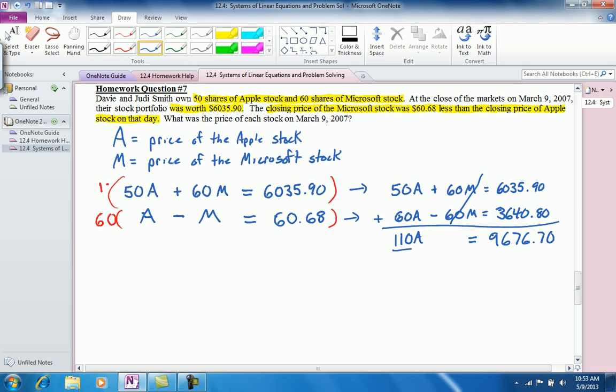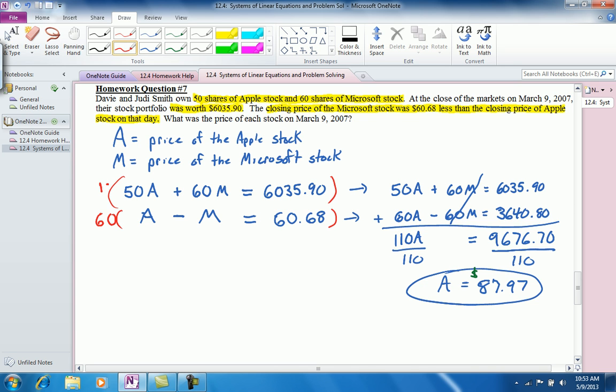Dividing both sides by 110 to get A by itself gives me 87.97. So that means that the Apple stock on that particular day was worth $87.97.